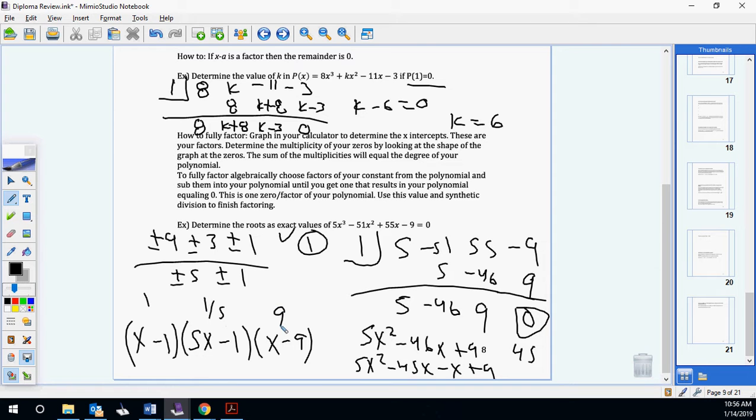Are those all possibilities for my possible zeros? I have 1 here. I have 1/5, that's possible, yep. And I have 9 over 1. So yes, all those are possible zeros from our possible zero set. Other than that, that's all the things I would check to make sure that I'm good.